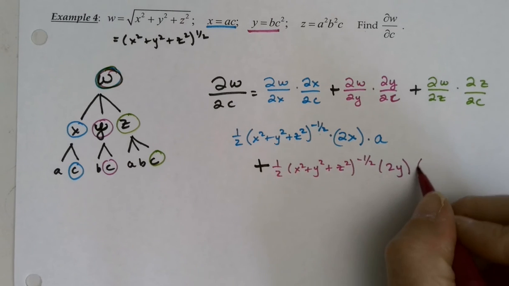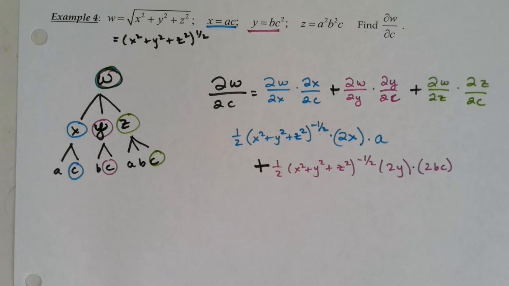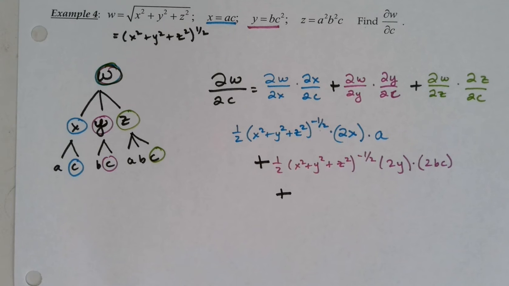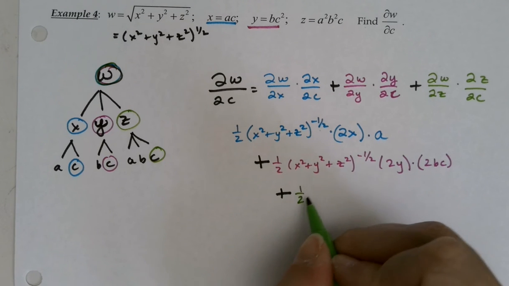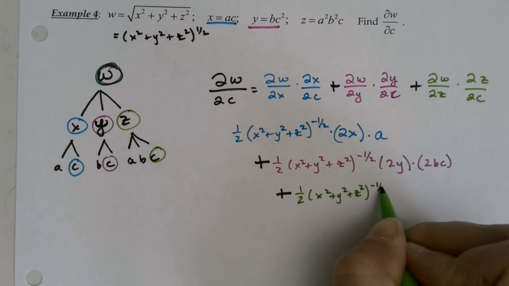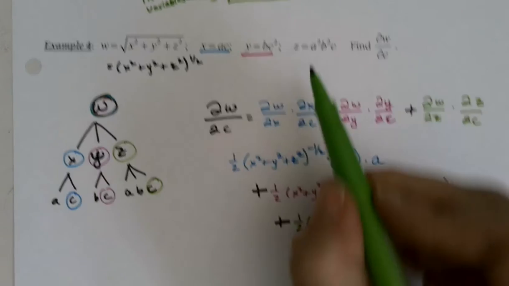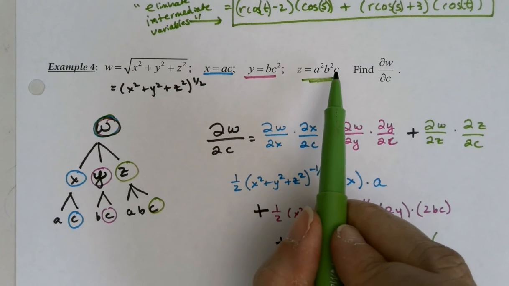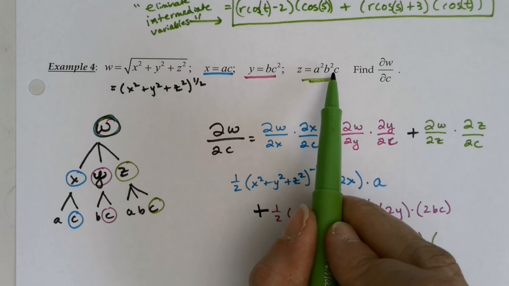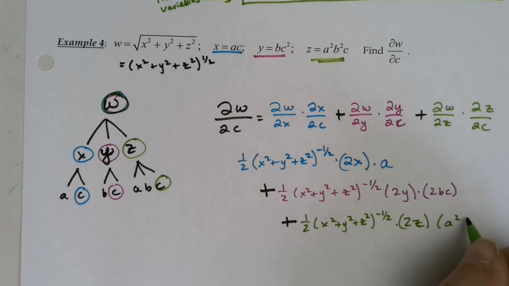Plus the last one: 1/2 times x squared plus y squared plus z squared to the negative 1/2 times 2z. And then I need the derivative of z with respect to c. If c is the only variable, these are just numbers times c, so the derivative would just be the numbers: a squared b squared.